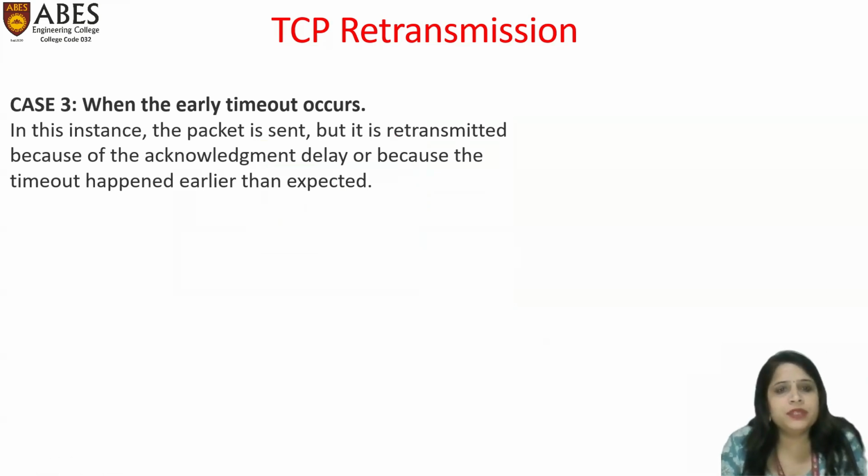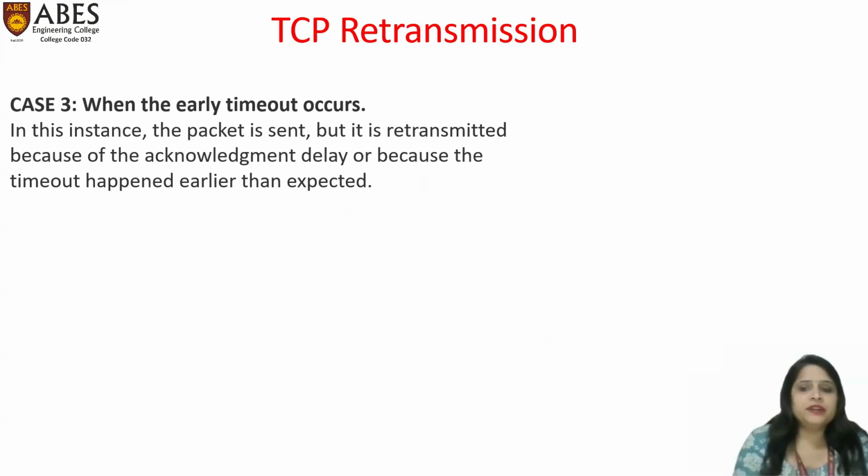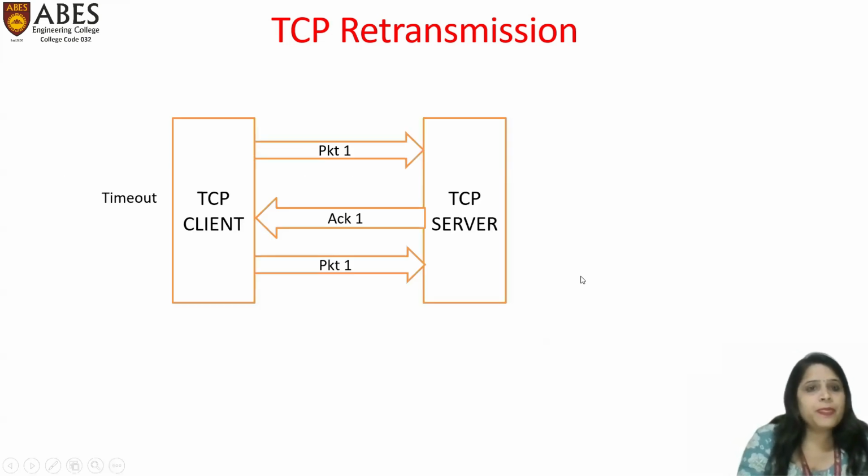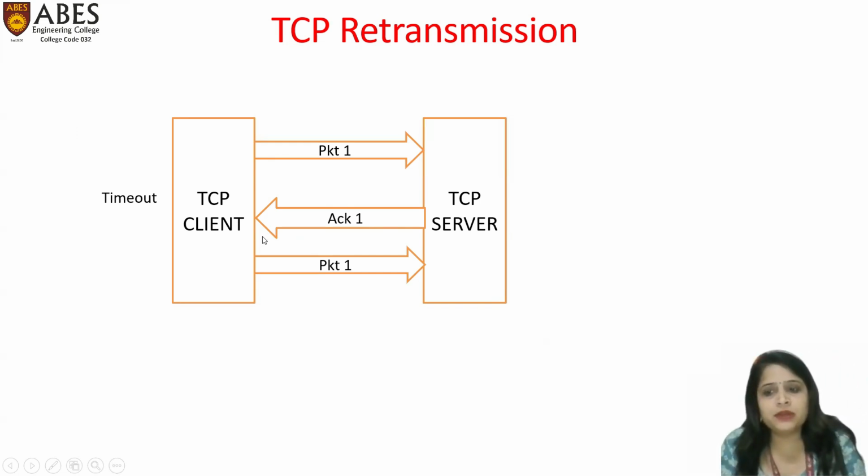The third possibility of TCP retransmission is when an early timeout occurs. Here the packet is sent, but it is retransmitted because of an acknowledgement delay. It means when the TCP client sends packet 1 to the server, the server receives it and sends an acknowledgement. But due to some network error, there may be some delay in the acknowledgement packet.